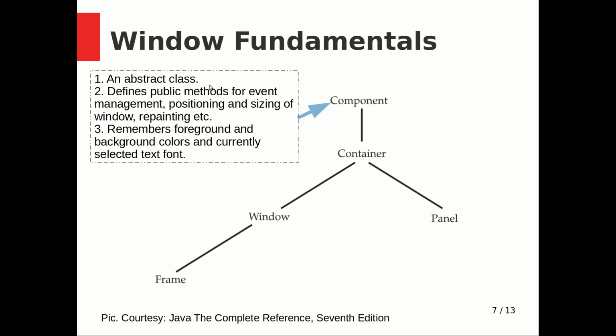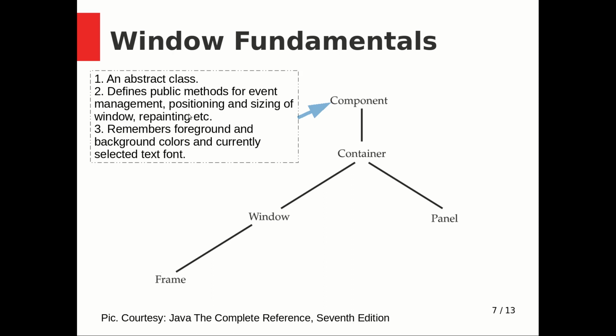Component class is in fact an abstract class, and it defines public methods for event management, positioning and resizing of window, repainting, etc. In fact, every kind of GUI activity has been defined inside the component class, and all the child classes which are inherited from component will have to override these methods, and only then the AWT programming will be possible in Java.